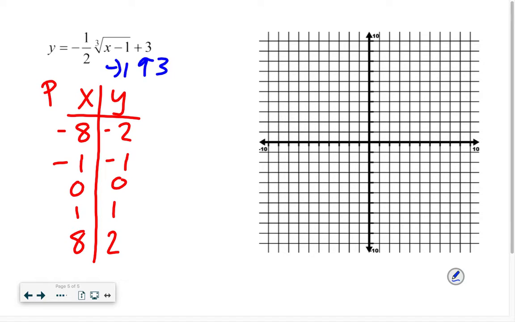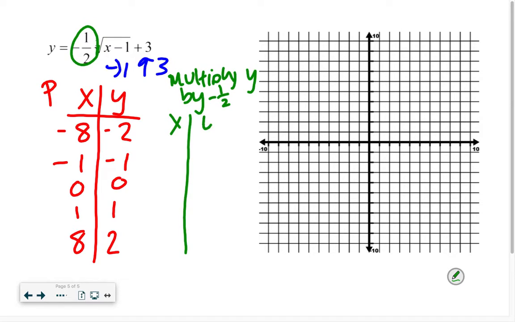Just like the square root we did, when we have a number outside, easiest thing to do is multiply your y values by what's outside. Multiply y by -1/2. So our same x's, -8, -1, 0, 1, 8.